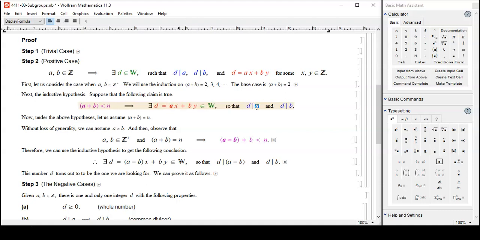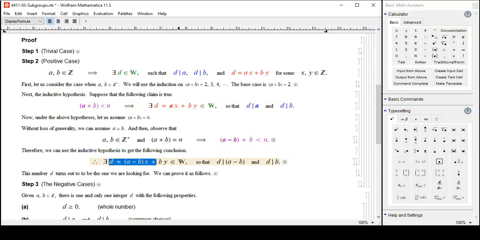That's going to be replaced by a minus b. Compare. First number plus second number is less than n. First number plus second number is less than n. First number is a minus b here, a over there. Second number stays the same. So replace the a with a minus b. If you do that, that's what you're going to get.